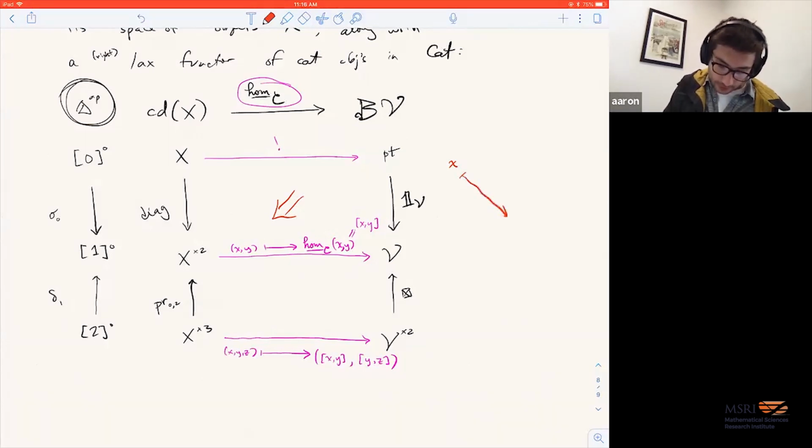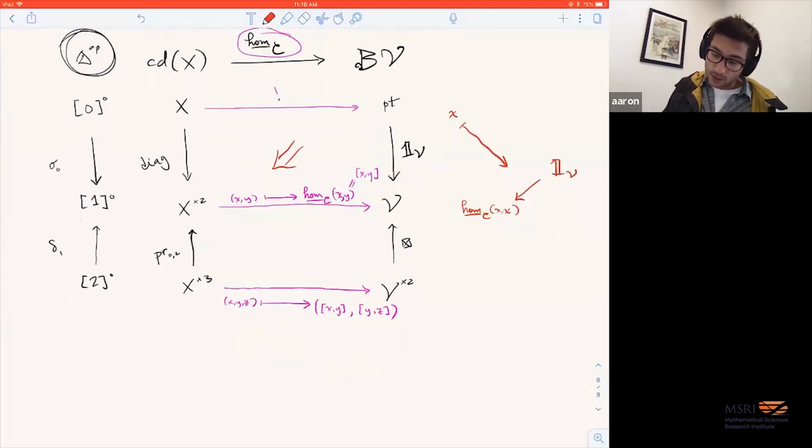So if I go around the top and then down, it goes to the only point in point, and then that selects out the unit object. Meanwhile, if I go down and then across, I'm getting the enriched Hom object from little x to itself. And I'm getting a map here. That's what the data of that natural transformation is. And of course, that's the unit, the enriched unit for this object of this enriched infinity category.